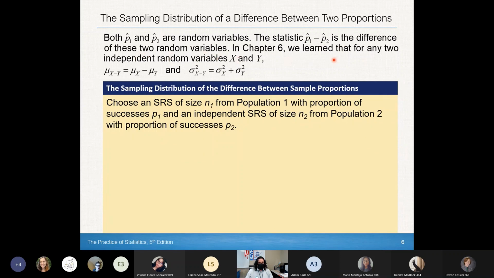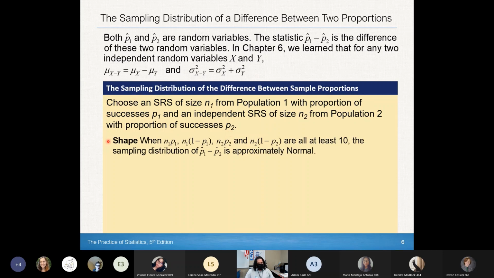In chapter 6, we learned that for any two independent random variables, X and Y, the mean of X minus Y is equal to the mean of X minus the mean of Y, and the variance of X minus Y is equal to the variance of X plus the variance of Y. This allows us to put this together. We're going to choose an SRS of size n1 from population 1 with a proportion of success p1 and an independent SRS of size n2 from population 2 with proportion of success p2.